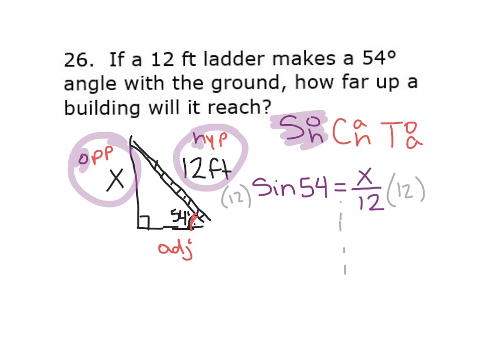This leaves me with 12 sine of 54 equals my x value. We type that in, and we get x. I'm flipping it around. X has a value of 9.708, if I round to the third decimal spot.